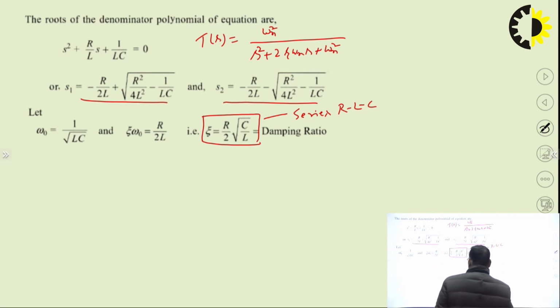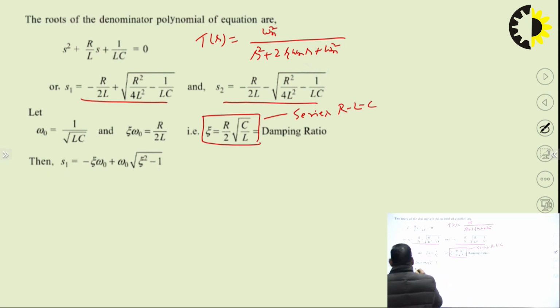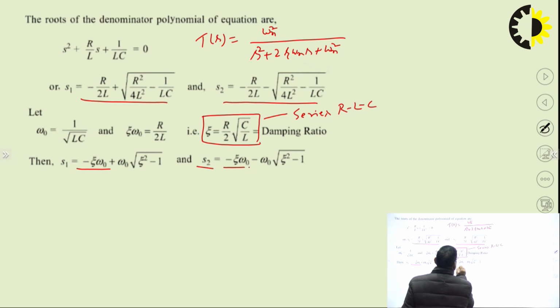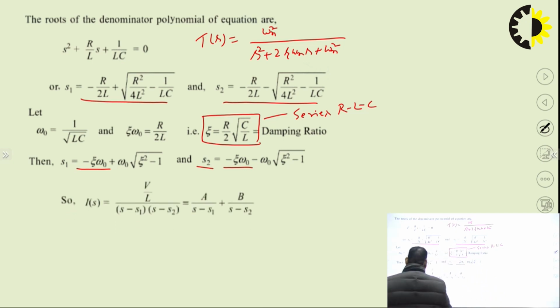Now, writing S1 and S2 in terms of omega 0 and zeta, we get S1 is equal to minus zeta omega 0 plus omega 0 root over zeta square minus 1. And similarly, we can write S2, which is minus zeta omega 0 minus omega 0 root over zeta square minus 1. So this is the expression for I(S).